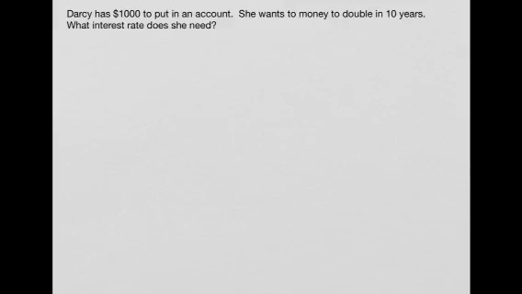For our second problem, Darcy has $1,000 to put into an account, but she needs the money to double in 10 years, and we need what interest rate is she looking for. So we have $1,000. So y is going to equal 1,000 times some b to the x. Now we need it to double in 10 years.